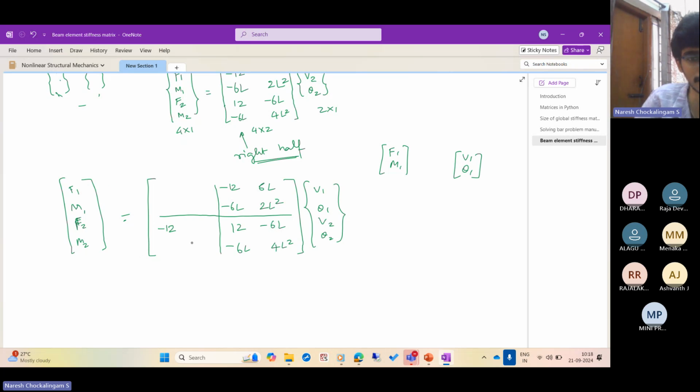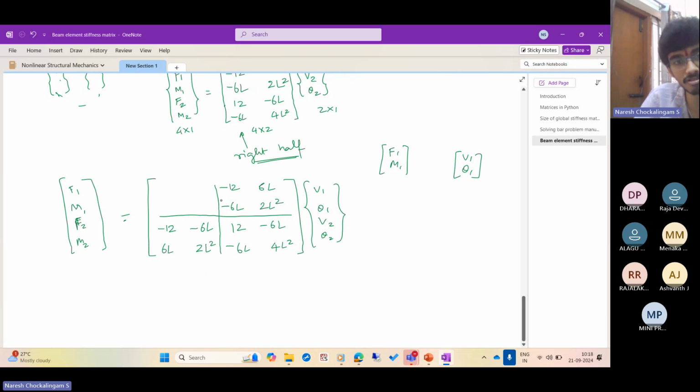The full stiffness matrix has to be symmetric because it shouldn't matter whether you are keeping this fixed and measuring this, or you're keeping this fixed and measuring the other one. So A31 will be A13, A32 will be A23, minus 6L, A41 will be A14, 6L, and A42 will be A24.